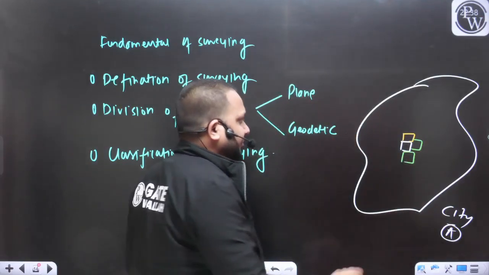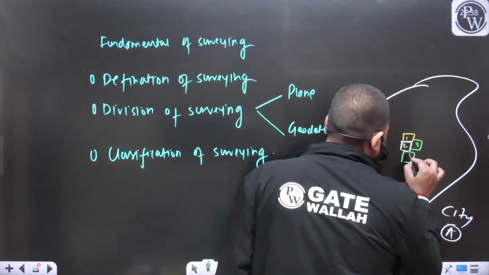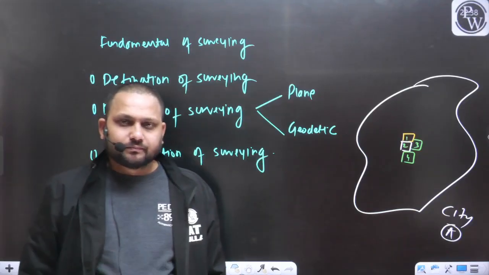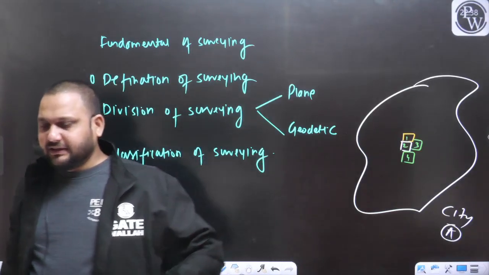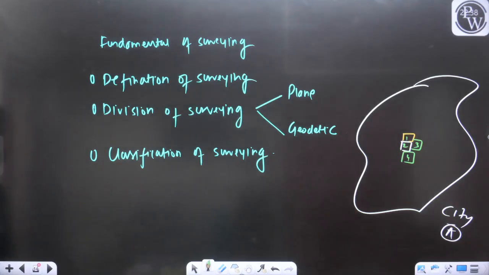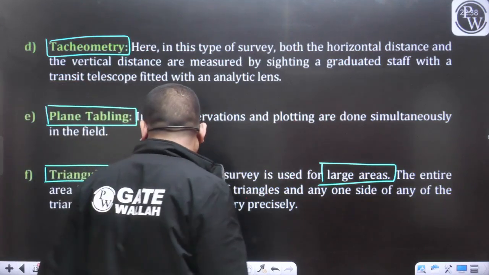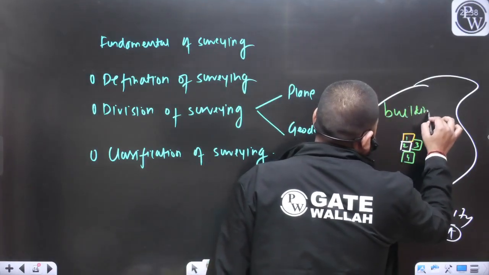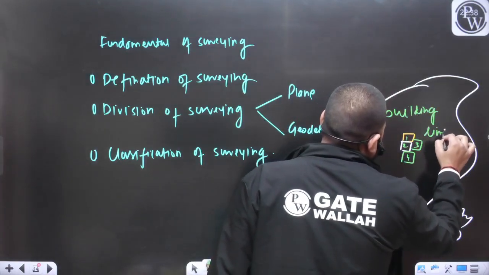Now, how can you define the boundaries or the property line? For that, we need to perform the survey, and this survey is termed the cadastral survey.